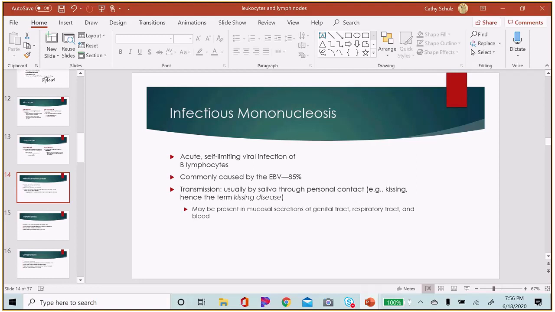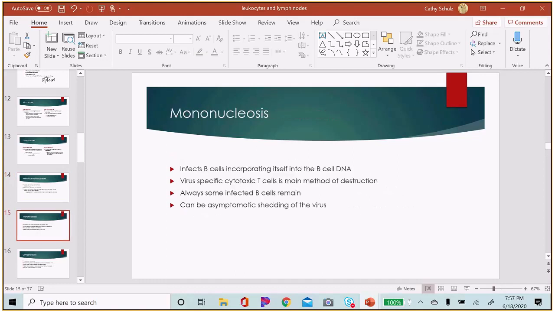Infectious mononucleosis is actually a general term for the way the B lymphocyte looks when it's infected by the virus. If you look at it under the microscope, its nucleus has a specific appearance. There are other viral causes of infectious mononucleosis, but by and large, the largest causative agent is Epstein-Barr virus.